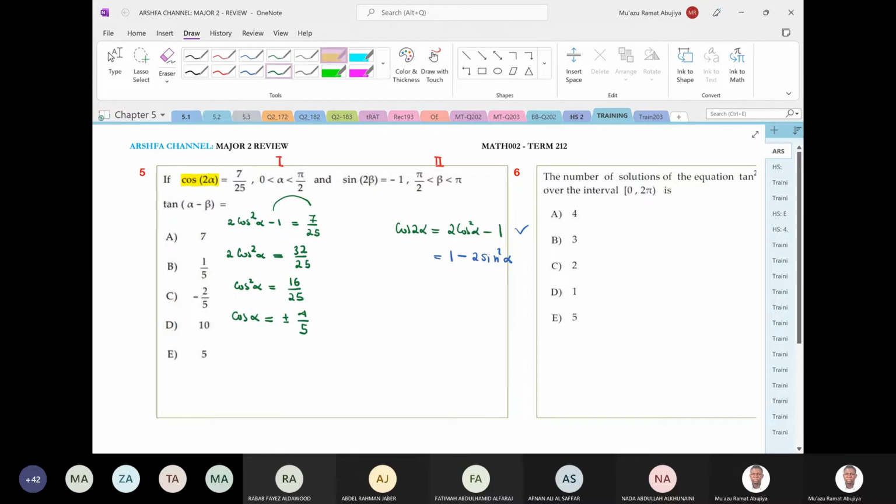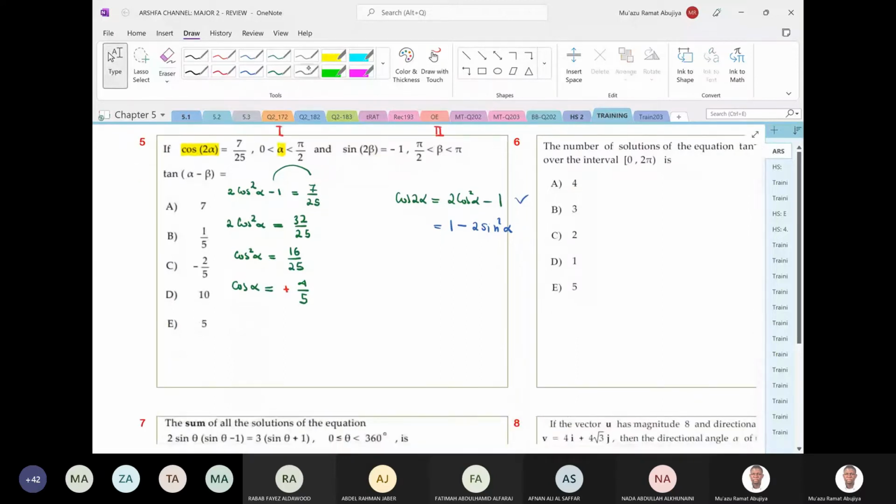Alpha is in quadrant number 1. So that means cosine is positive. So here I am going to pick only positive because we are dealing with quadrant number 1. Now, if I have cosine in quadrant number 1 to be positive, I can find tangent easily because at the end of the day, I'm interested in getting the tangent.